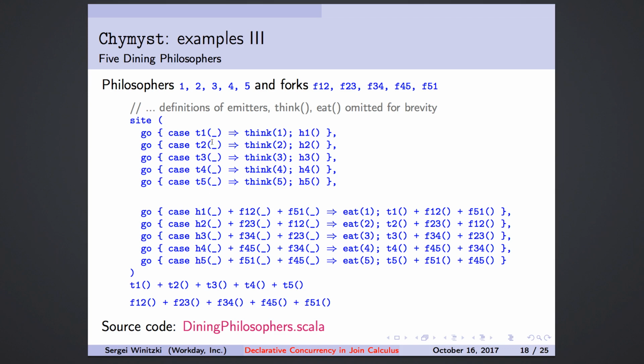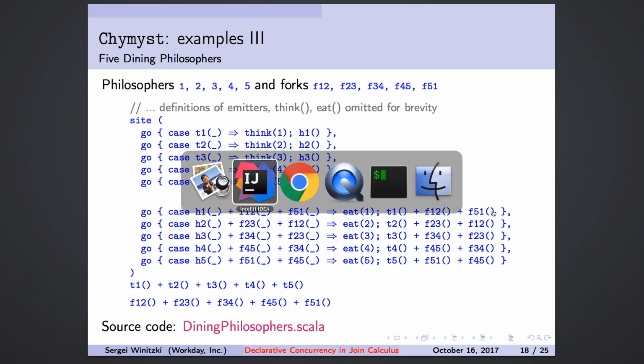When the philosopher is thinking, it thinks for a while, and then it becomes hungry. When the philosopher is hungry, it needs 2 forks, and then it eats for a while, and then it becomes thinking again and puts down the 2 forks. That's the chemistry that I'm writing down as fast as I can say it.